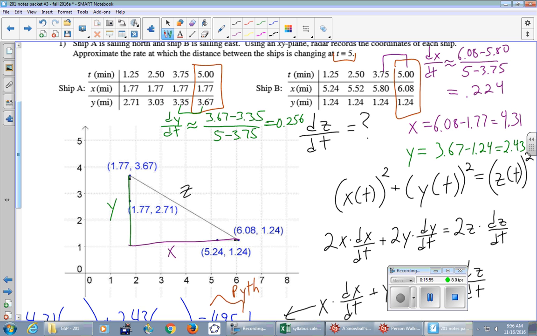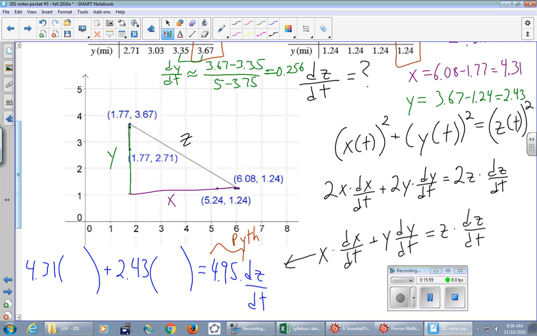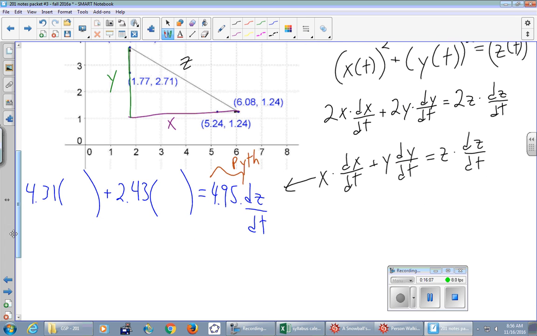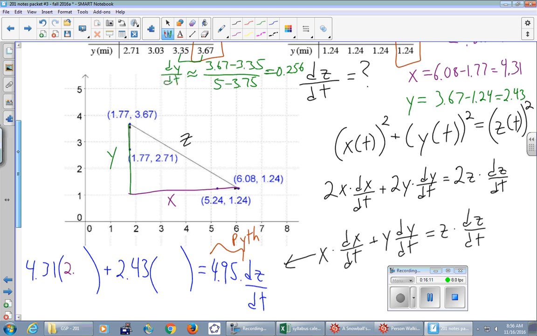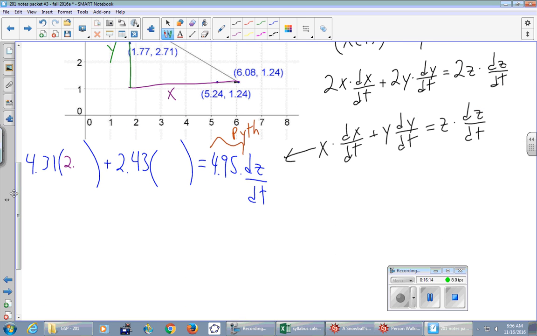All we have to do is shove those things into our formula down here. You have to make sure you put them in the right order. So the first is dx/dt, which was 0.224. Can we get one more person to type this in?